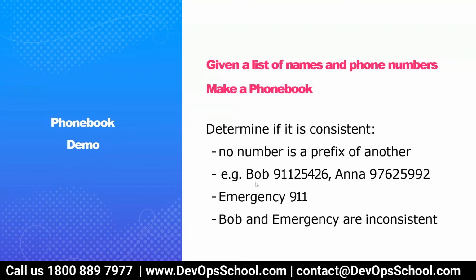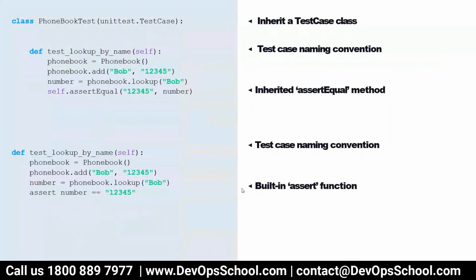Here Bob is a name, and emergency is again a name, but these are the inconsistent ways. So you have to do some checking in this. How do you write a program for this? Look at the program here. First, you have a class. That was a simple program; now it's based on classes.